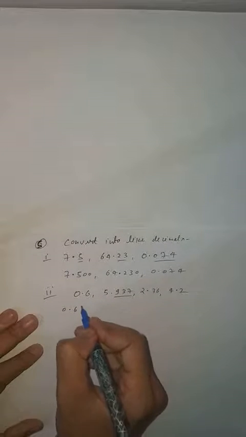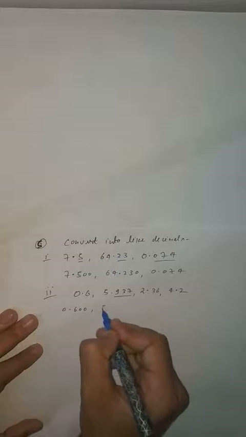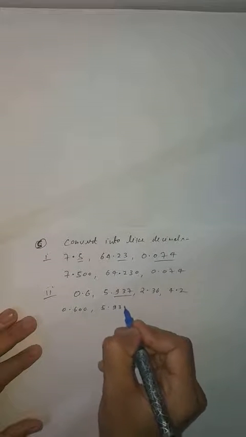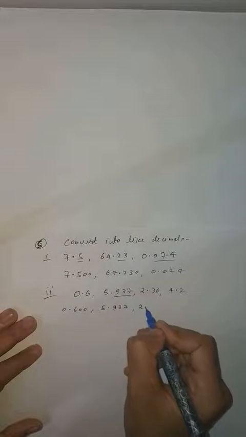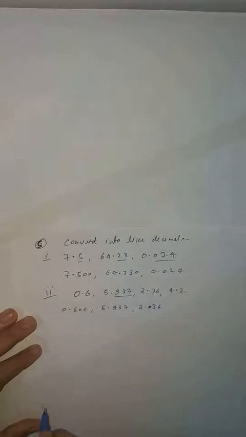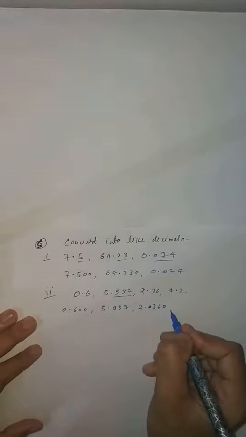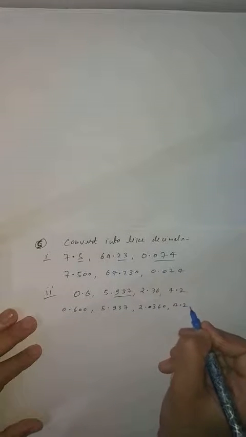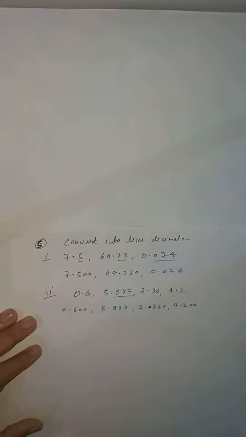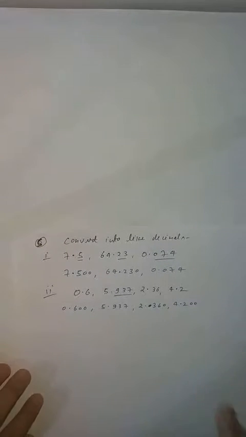After the decimal 1 digit, so you will add 20. Here 5.937. Here 2.36. So after the decimal there should be what? 3 digits. So you will add 10. Here after the decimal only 1 digit, so you will add 20. Clear, student? So by this you can do it in decimals.